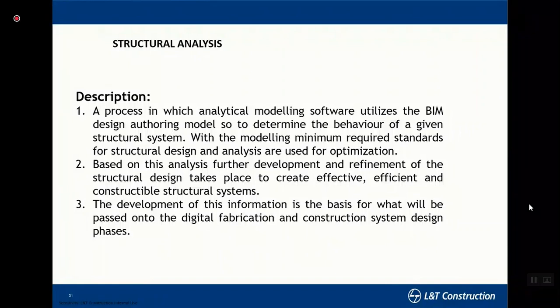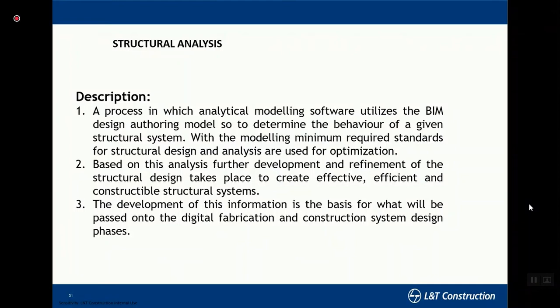The second one is that I have seen a tendency of people to believe that BIM is either an architect's thing or a structural thing. No, it is an overall process. The mechanical, electrical, plumbing, structural, architect, everyone is involved at the design stage. The planning team is involved at the planning stage.